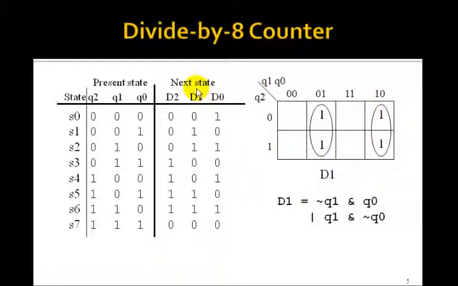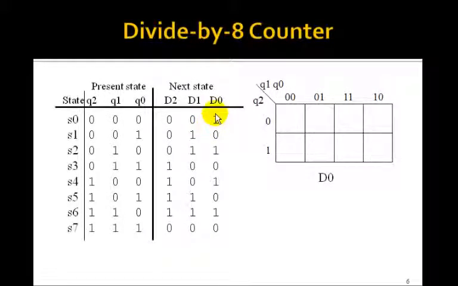So there's a logic equation for D1. And then we can find the logic equation for D0. We have minterm 0, minterm 2, minterm 4, and minterm 6. How many circles here? Yeah, just 1. Remember, it wraps around. So what do we have? We're only left with not Q0. So D0 is not Q0.